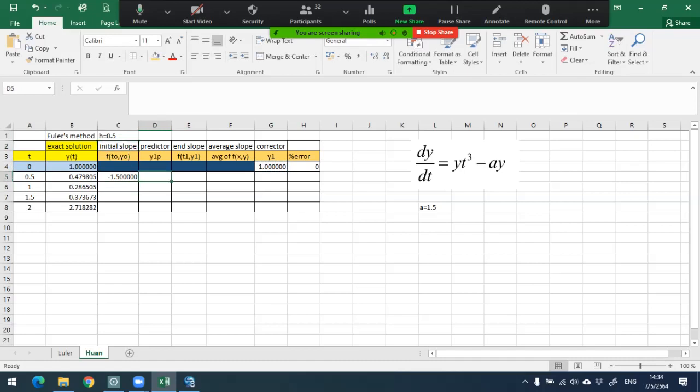Okay, so predictor is equal to what? Predictor is the Euler, that is y i, plus the initial slope multiplied with h. For this case, h is 0.5. Okay, so we obtain it here.